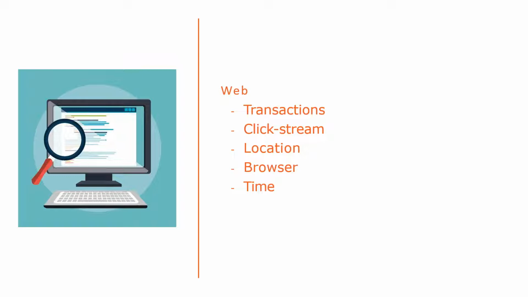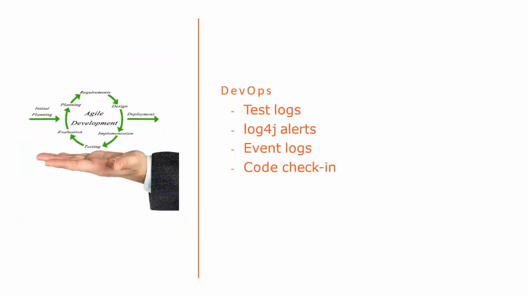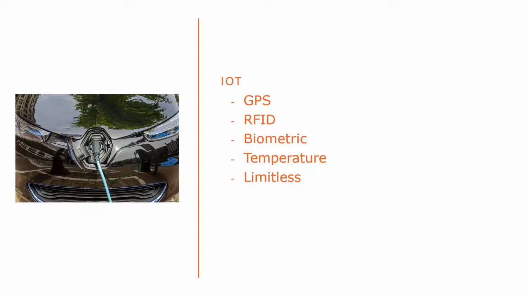There are many places where we have logs: in DevOps, test logs, Log4j alerts, event logs, code checking, and so on. IoT logs like GPS logs, RFID logs, biometric logs, temperature logs, limitless, and so on.